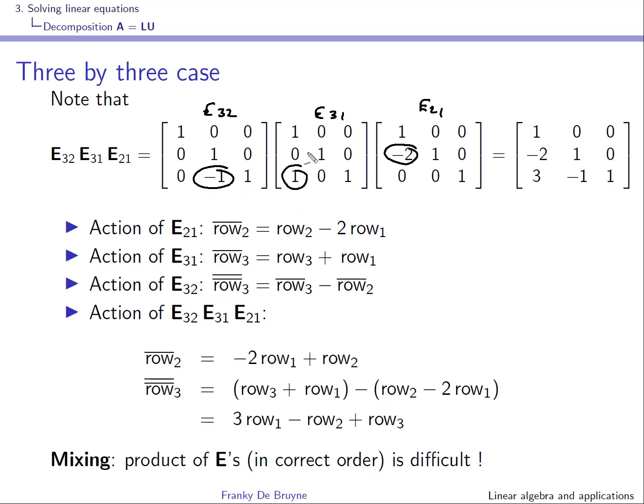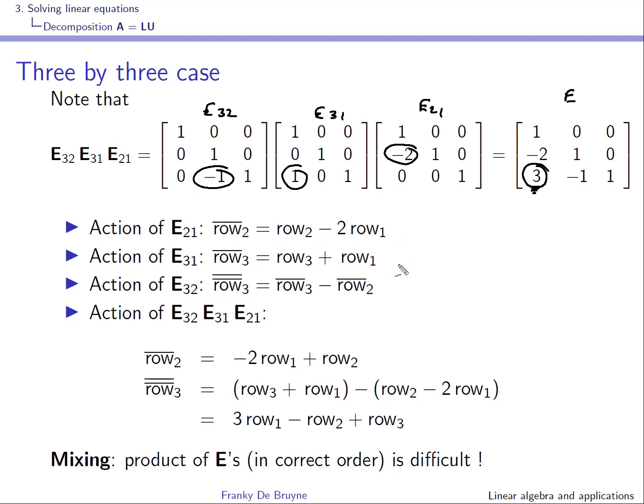Well, if you do the product of these 3 matrices, you can kind of see that you cannot easily construct E using the multipliers just because of this element over here. Okay, so E21, you can read this from this line, okay, implements that the new row 2 is the previous one minus 2 times row 1.